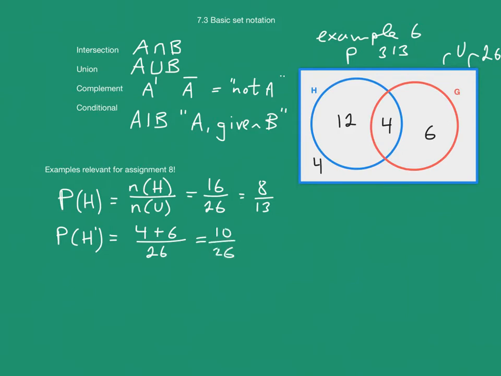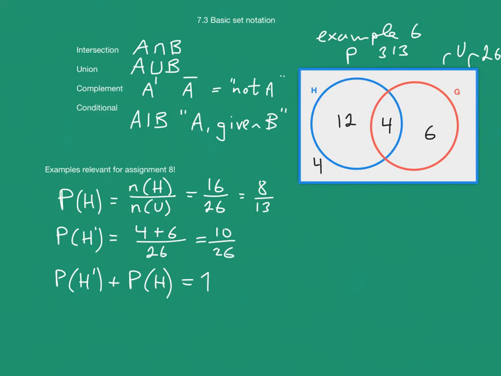But another way of dealing with complement is that we can use the fact that the complement of a probability and the probability of the event itself is always going to be 1.